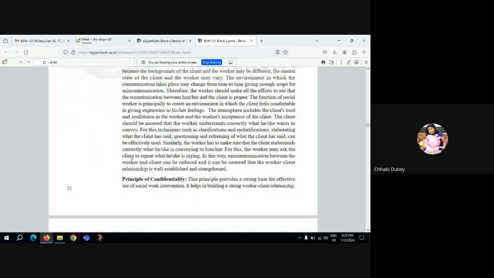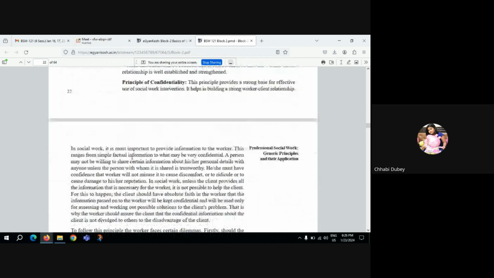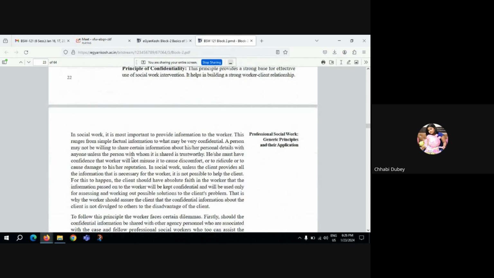Another important supportive principle with the principle of communication is what is known as the principle of confidentiality. This means that we have to keep confidential all the information that we gather from the client.